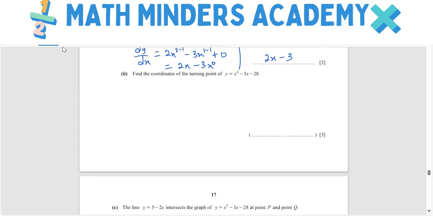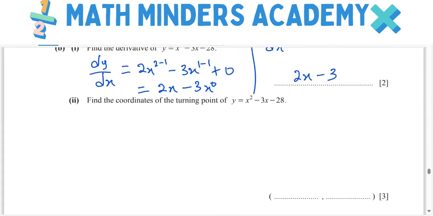Here, for this second part, we are asked to find the coordinates of the turning point of y equals s squared minus 3s minus 28. Now, we know that at the turning point, the s value is going to be minus b all over 2a.